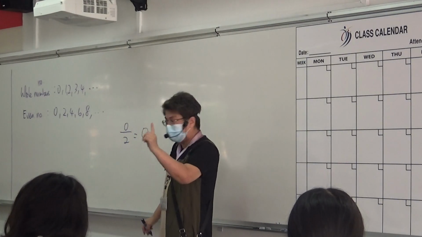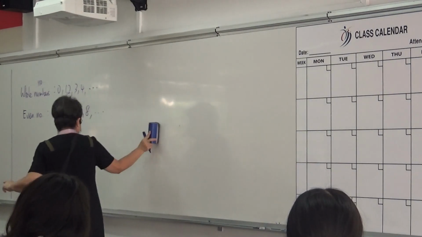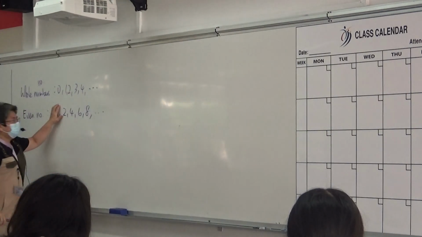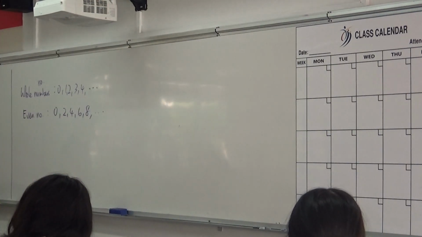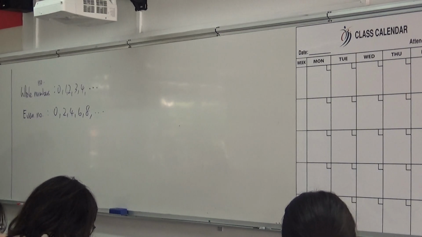A lot of Sec 1 students are confused. They thought even numbers start from 2. No. Even numbers start from 0. Okay? So if you look at page 2, examples of whole numbers are 0 and so forth.